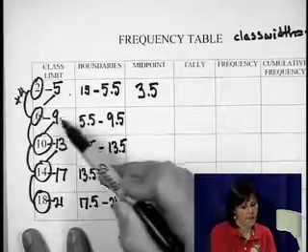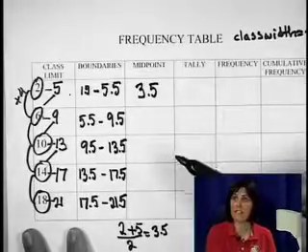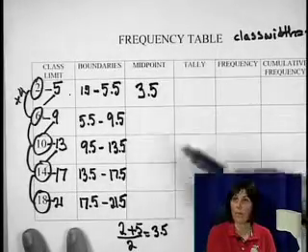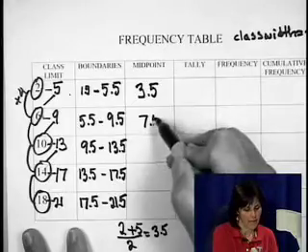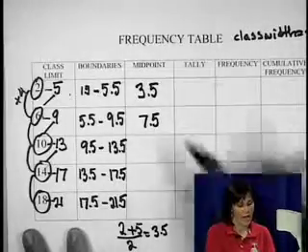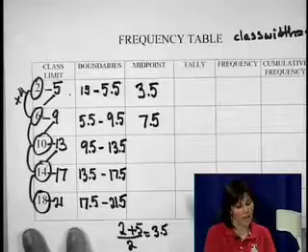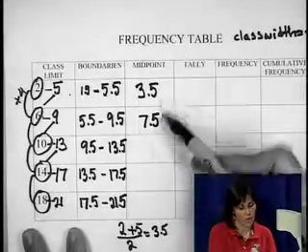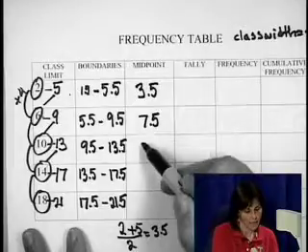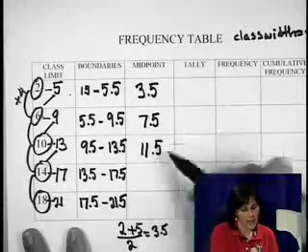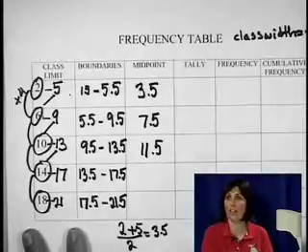Now you're going to do the same thing for the next line, 6 to 9. 9 plus 6, that's 15, divided by 2, 7.5. So the next one, 10 plus 13, 23, divided by 2, that's going to give you 11.5. Now you can actually get a pattern from writing this down.